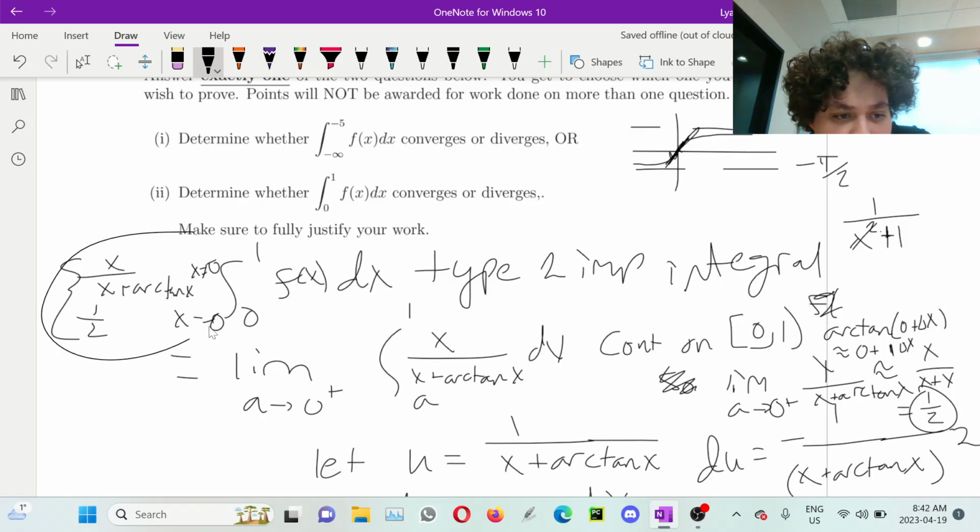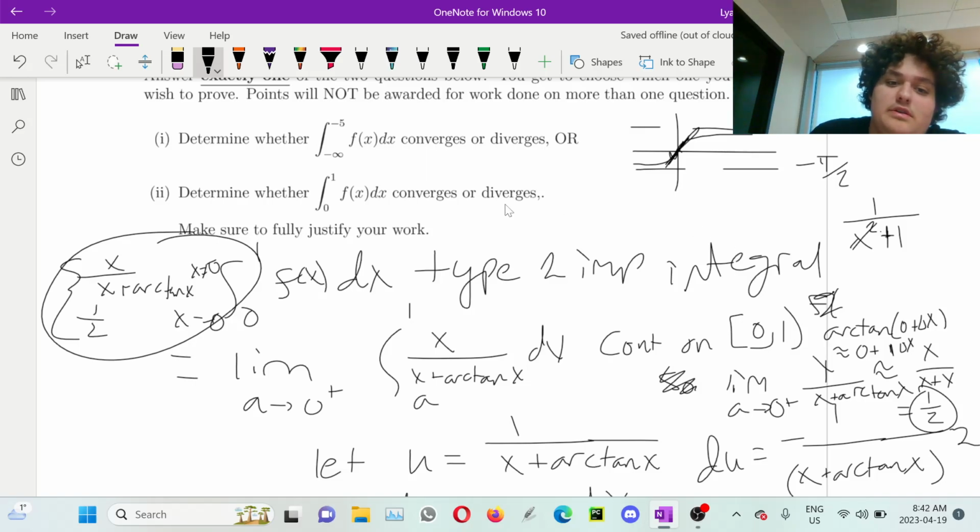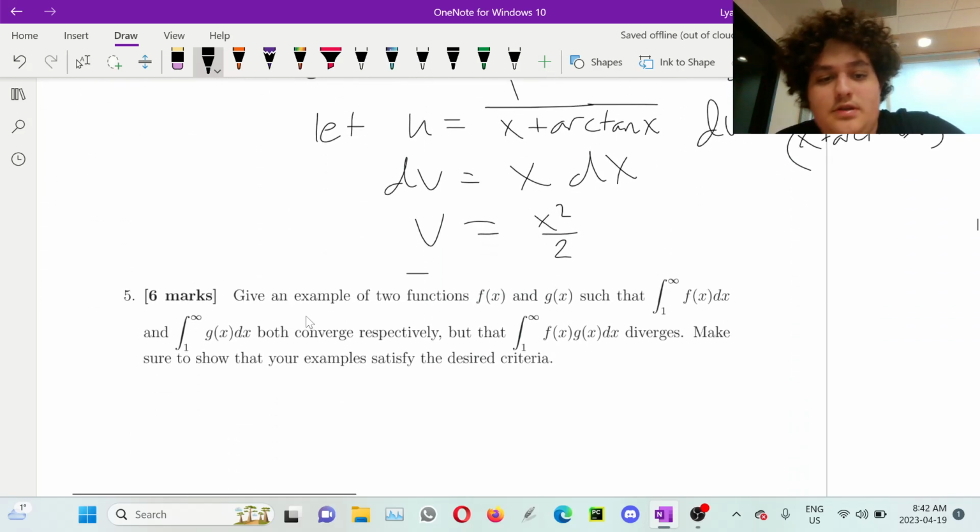And we know that this function will have the same area, and we know that under a continuous curve there will be a finite area, so this converges. Okay.